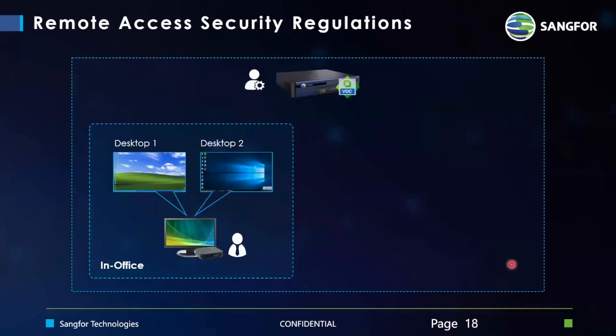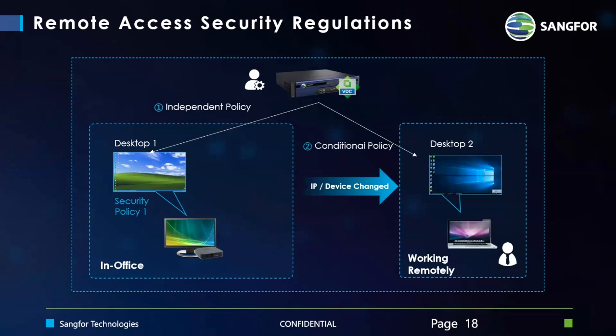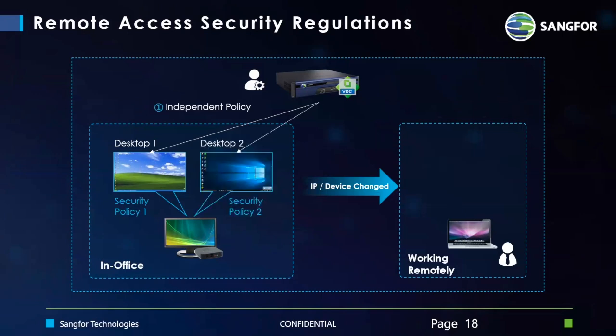This is the scenario of remote access security regulation. Let's suppose we have two scenarios where a user is accessing his desktop in the office. So the policy applied will be the office policy, which is security policy one.